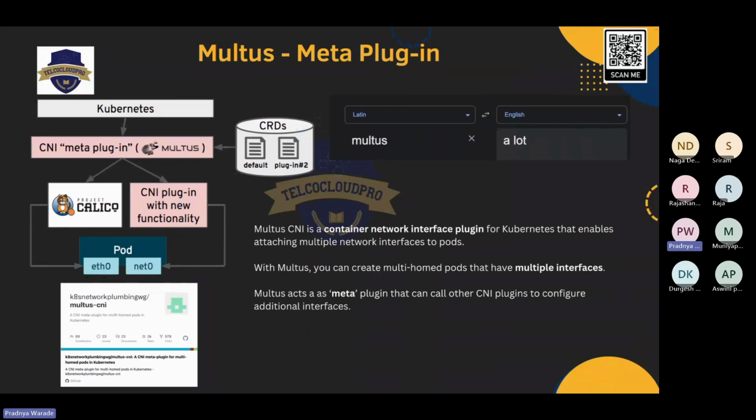CRD is custom resource definition. A CRD is nothing but an extension of your Kubernetes. Whatever functionality you don't have in Kubernetes, you can use the CRD spec to build your own CRD, write the functionality and integrate it with Kubernetes. Multus is that type of resource.